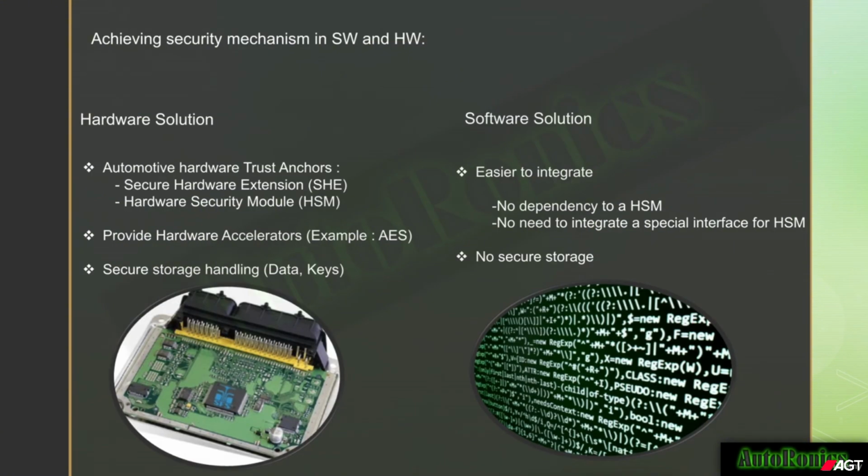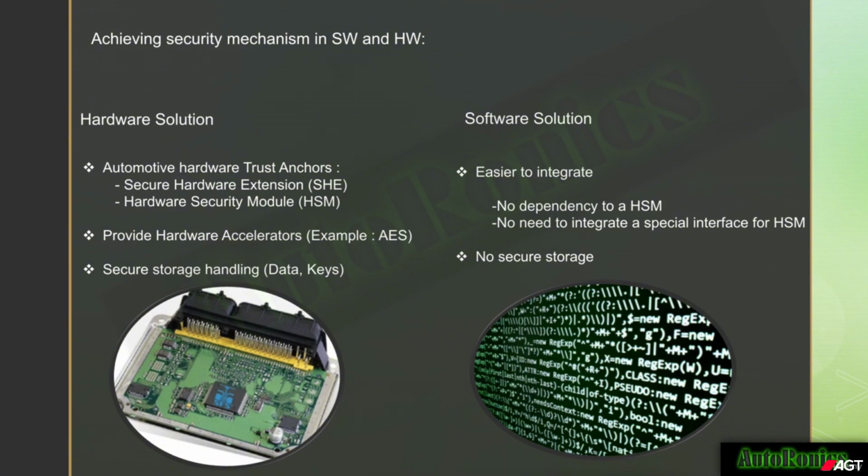Let's see how we can achieve the symmetric and asymmetric algorithm in the automotive system. There are two ways to achieve it. One is through a hardware solution where we use automotive trust anchors, and the other is using normal coding, which is nothing but a software solution.